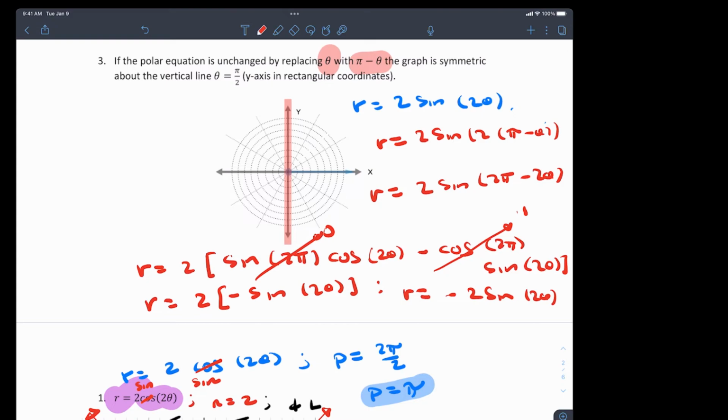This is in chapter 8.2. Let's look at our symmetry properties.